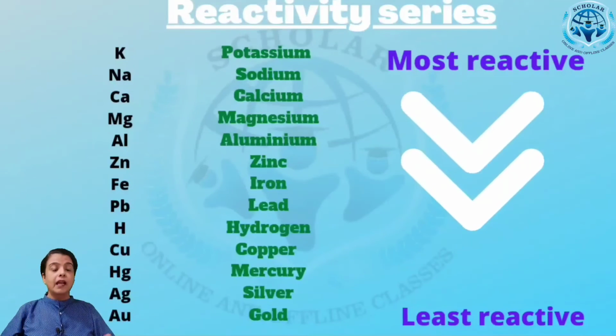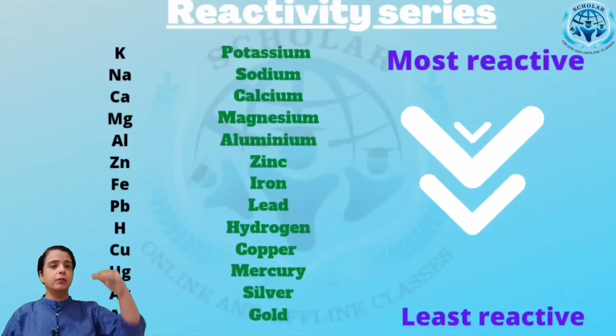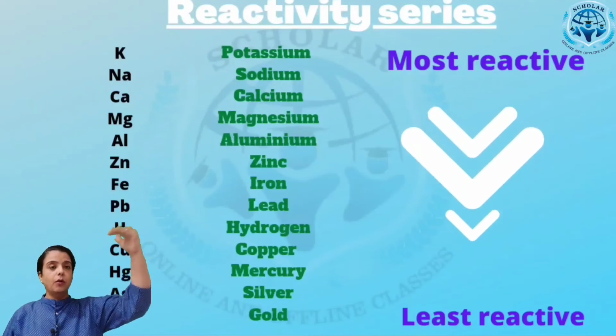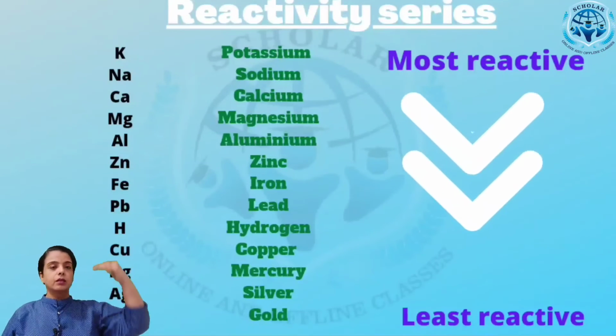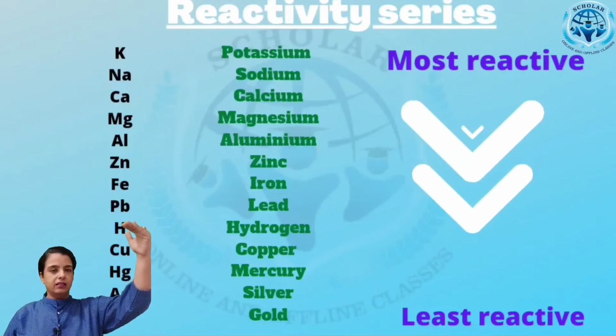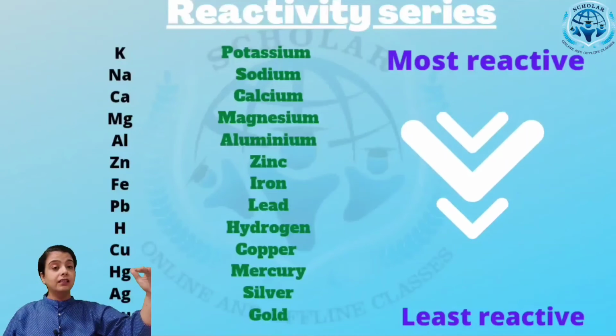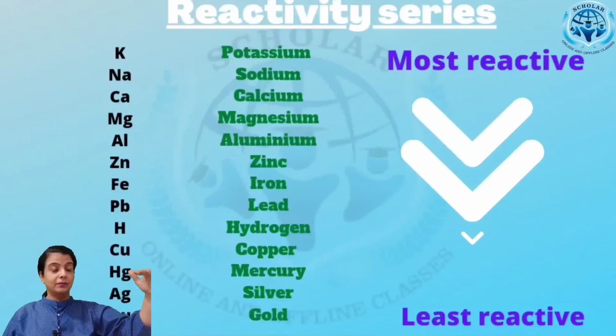For knowing the reason, you have to study the reactivity series, where the elements are arranged in order of their reactivities. The most reactive metal is at the top and the least reactive metal is at the bottom. The reactive metal displaces the less reactive metal.